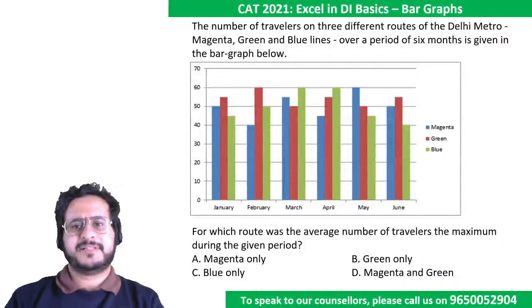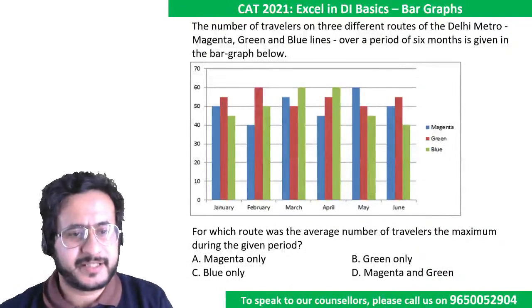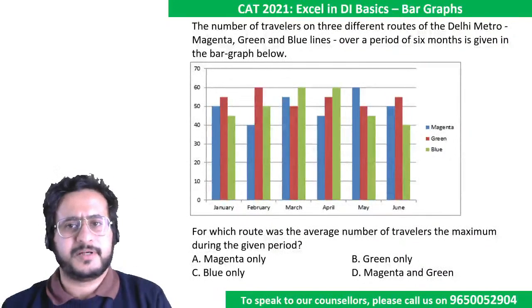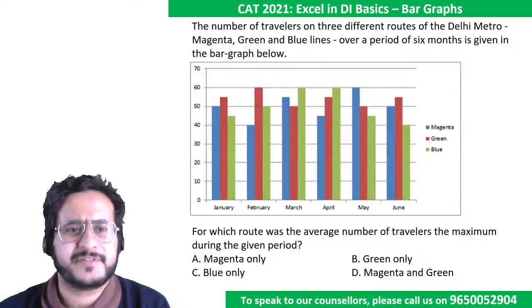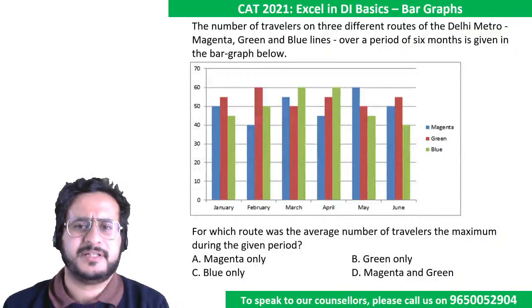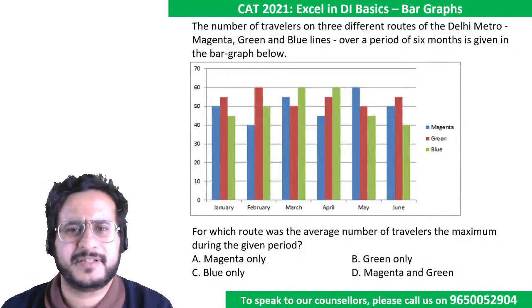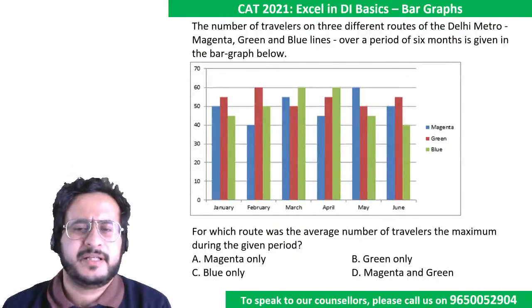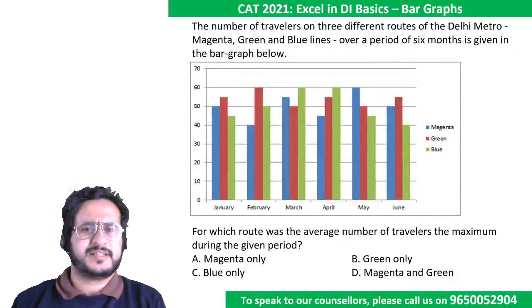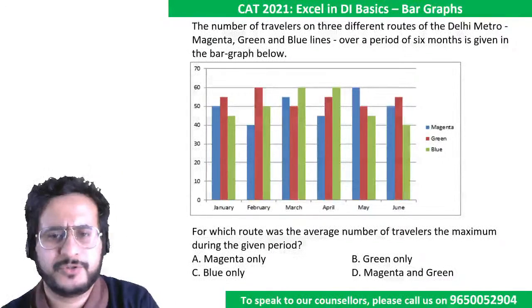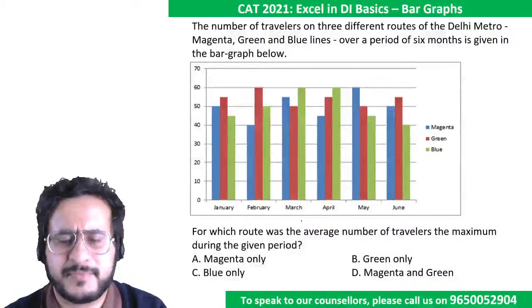Again, sometimes what happens is we start calculating things. You generally get these kinds of graphs in some of the other MBA examinations. Maybe SNAP did not have a DI this time, but in other MBA examinations, you do get such graphs, and they ask such questions. So you have to tell the maximum average number of travelers.